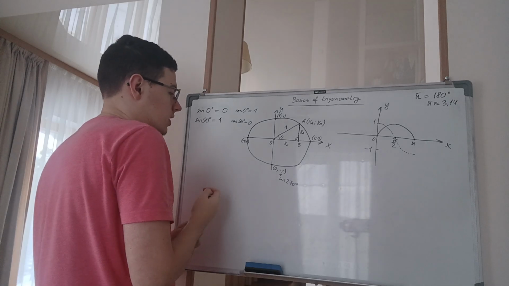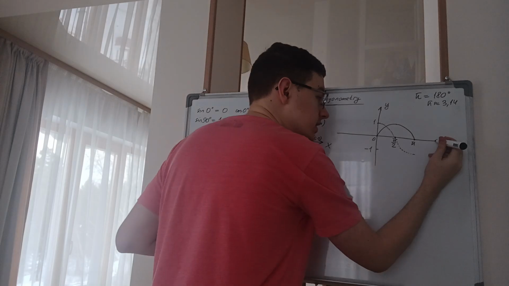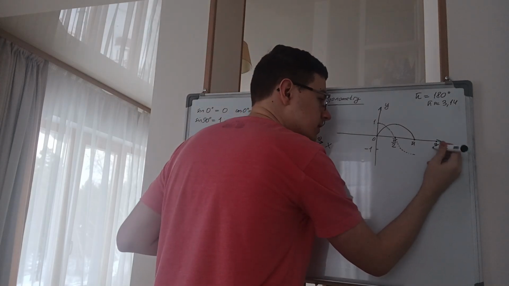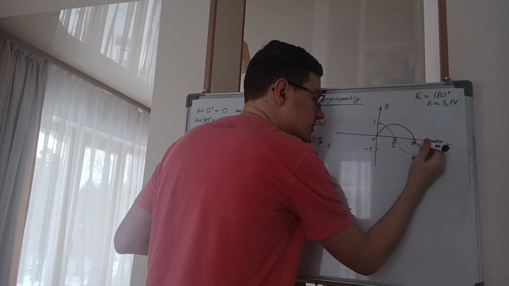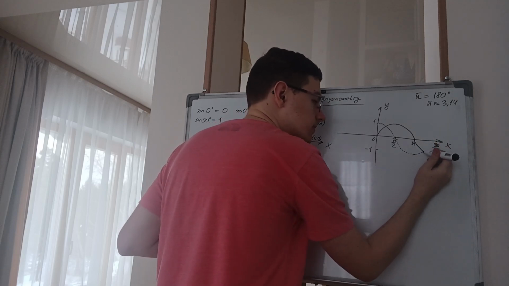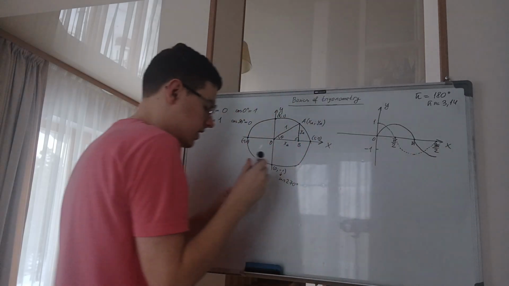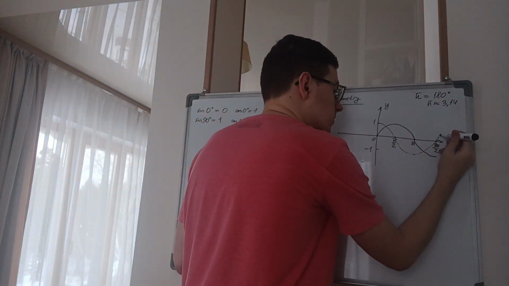And then it goes from 180 degrees to 270 degrees, that means 3 pi halved. The sine function will reach its minimum. However, the cosine will begin to increase its value to 0. And there it goes.